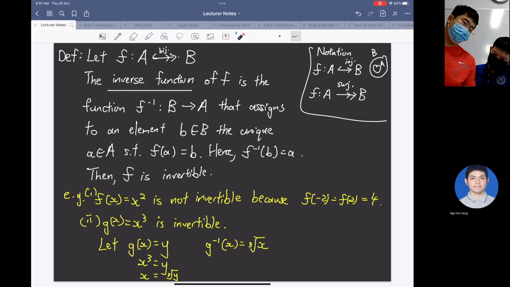So g(x1) minus g(x2) is equal to x1 cubed minus x2 cubed, which is equal to (x1 minus x2) multiplied by (x1 squared plus x1 x2 plus x2 squared).